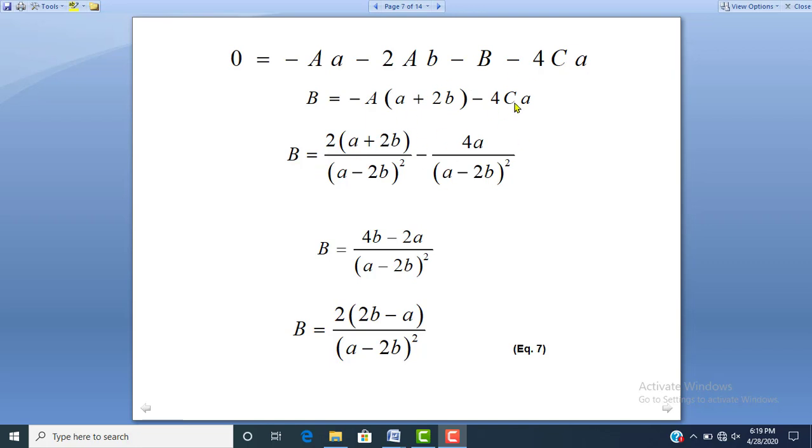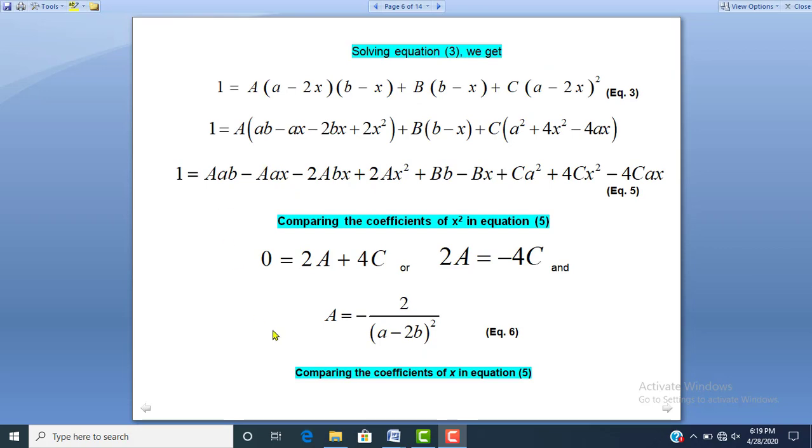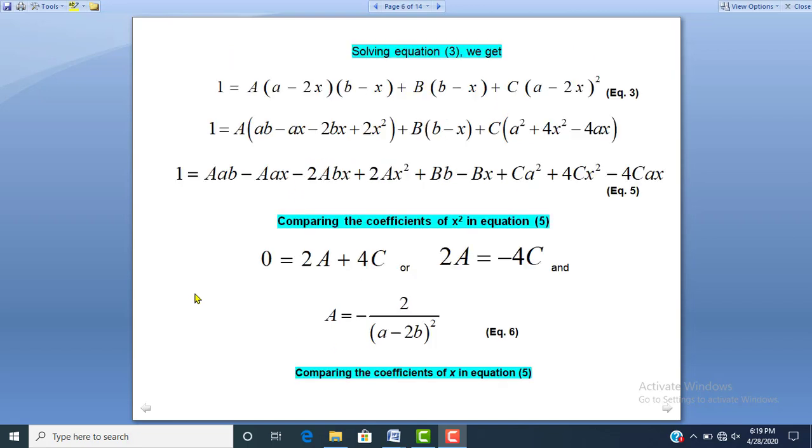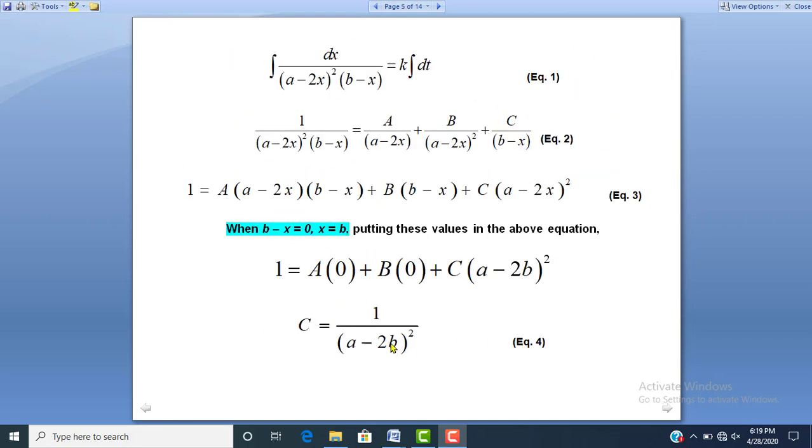If we simplify it, then this equation will be written as 2 into a plus 2b divided by a minus 2b square, minus 4a divided by a minus 2b square, because this is the value of c that I have taken from equation number 4. This is the value of c, 1 over a minus 2b square.